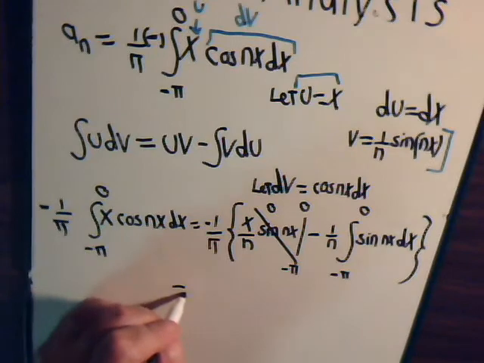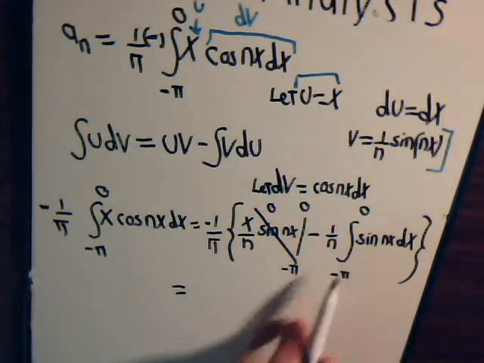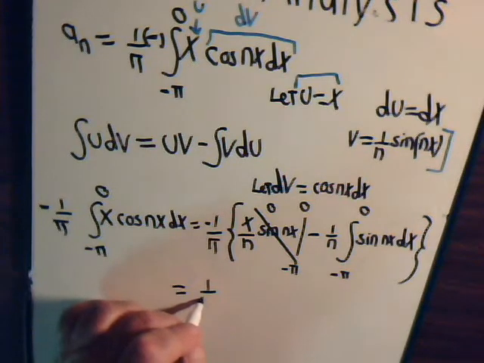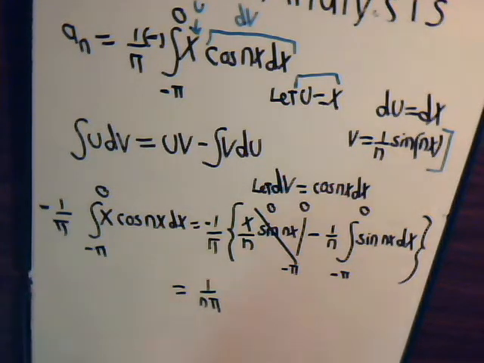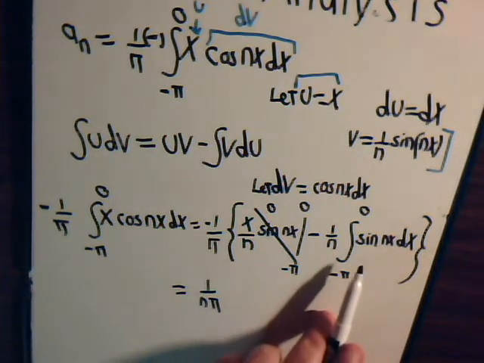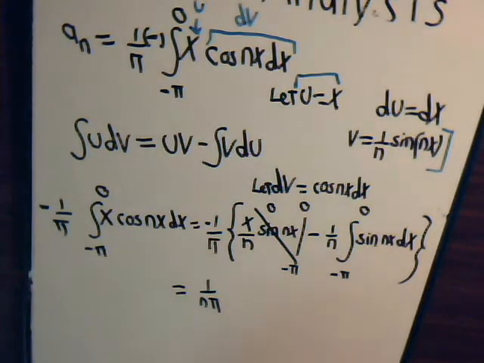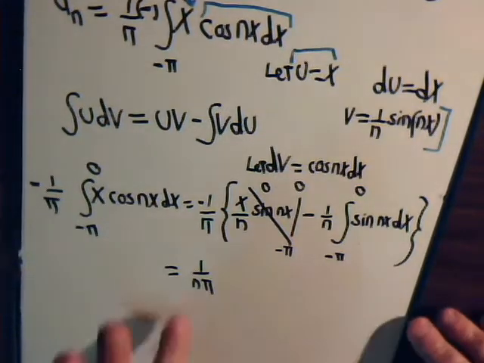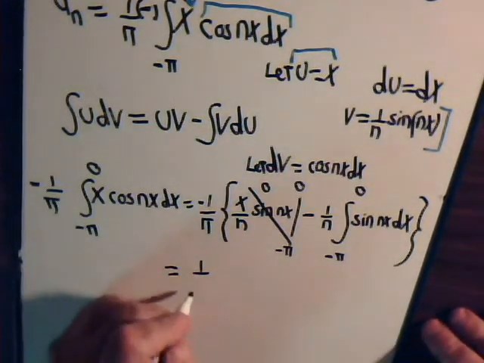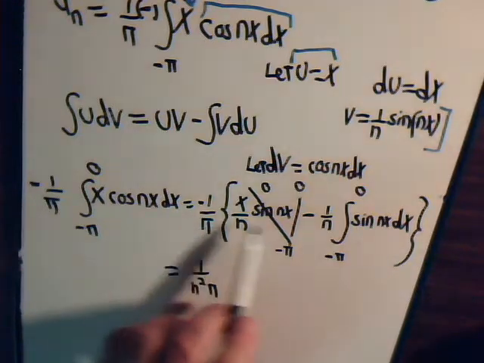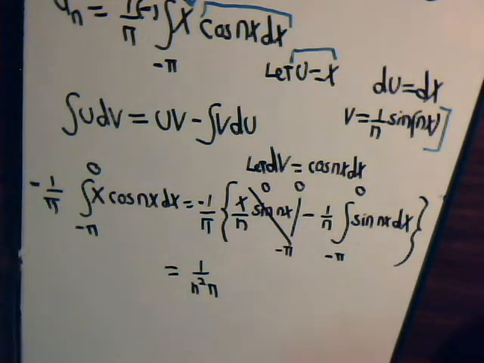So we have this is equal to 1 over pi n. And we integrate this. We'll get another n coming down here. So this will be 1 over n squared pi. We're multiplying two negatives here to give us a positive.